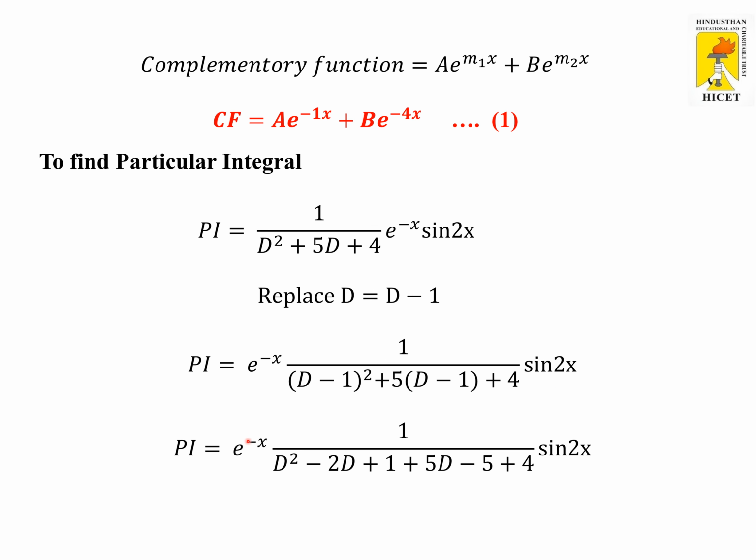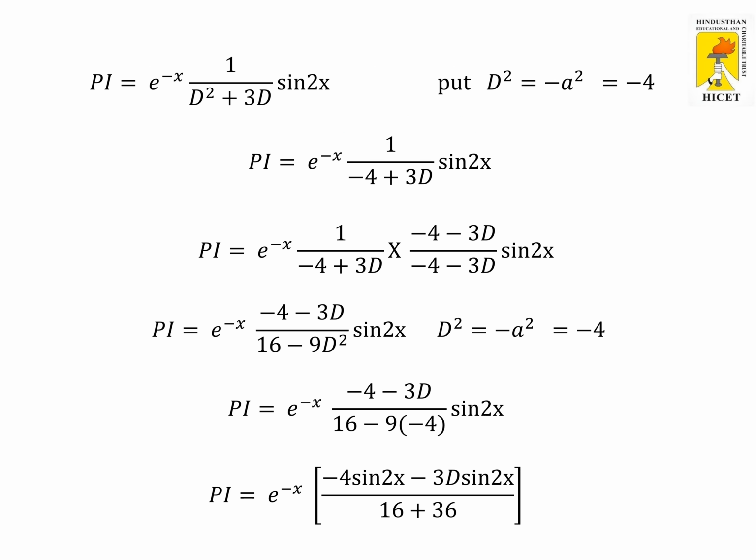That is e power minus x into 1 by, now using the (a minus b) whole squared formula, we get D squared minus 2D plus 1. Multiplying the 5 inside, we get 5D minus 5 plus 4. Simplifying, we get e power minus x into 1 by D squared plus 3D into sine 2x.